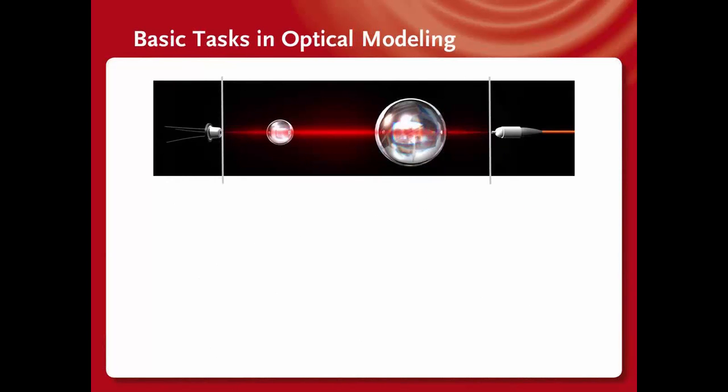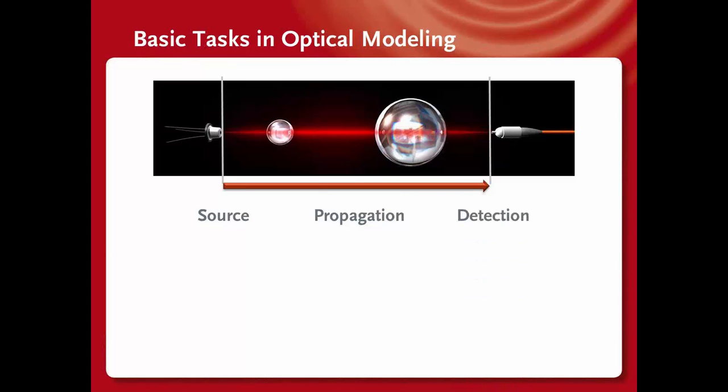So if we talk about optical modeling, we have typically the following basic task. We start with some kind of light source, and then we propagate the light which is emitted by the source through an optical system, and after that we would like to detect the light.